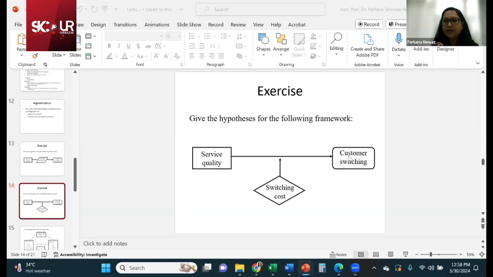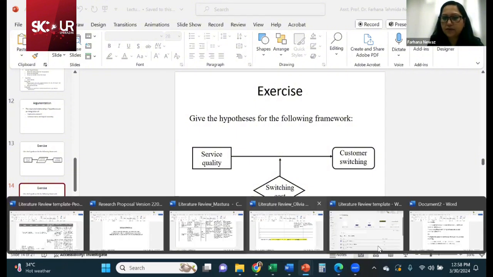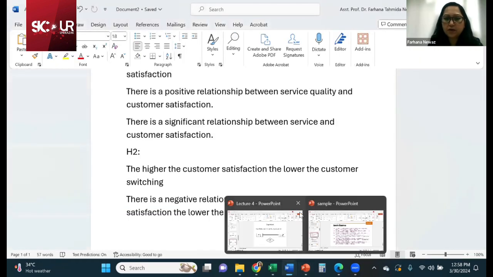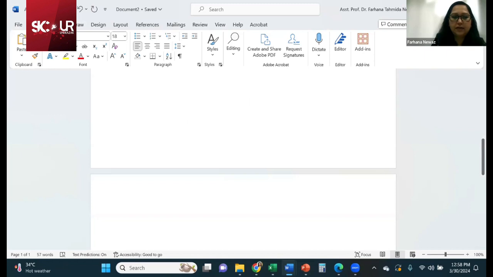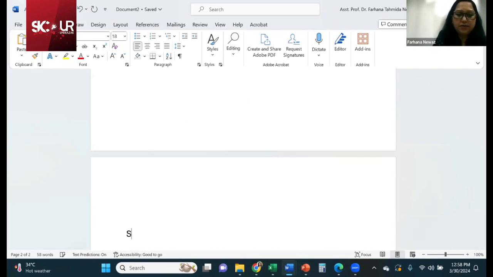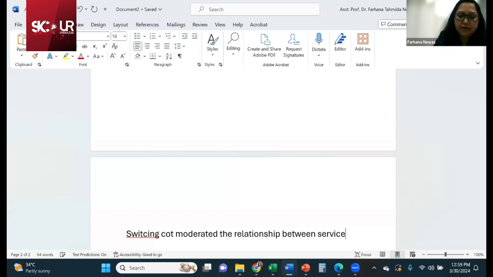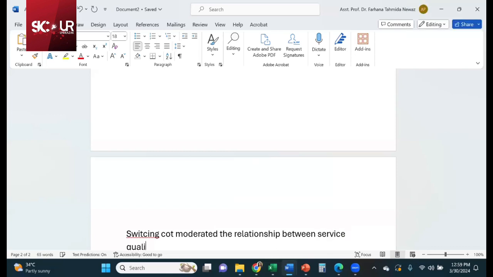So when we write the hypothesis for this second one, can I write it down for you, so that later, if you want to use a moderator, you can write it down accordingly? Document 2. Switching cost moderates the relationship between service quality and customer switching.